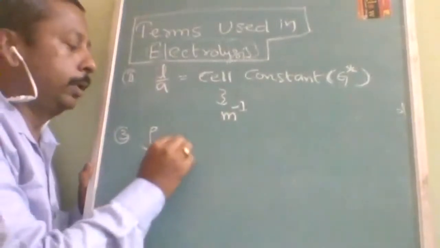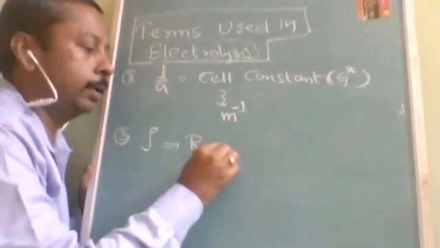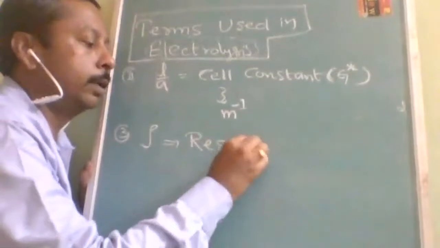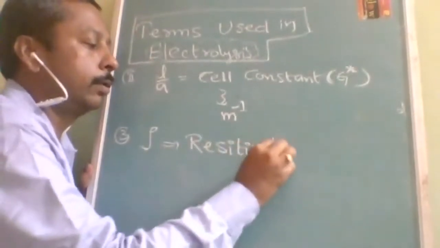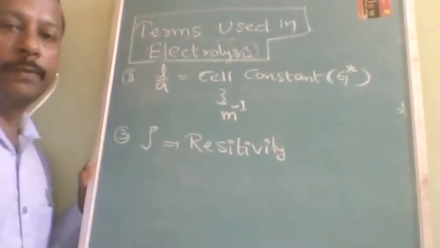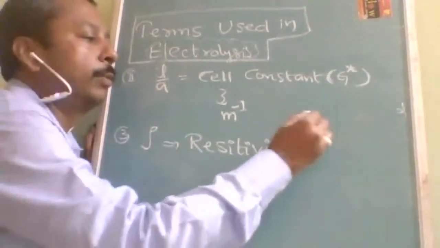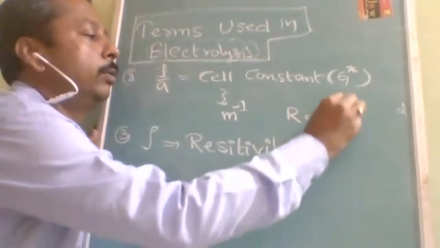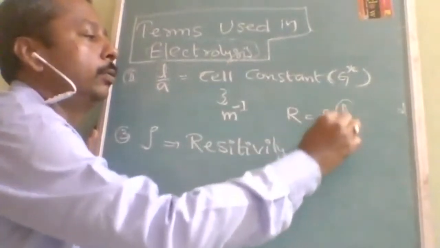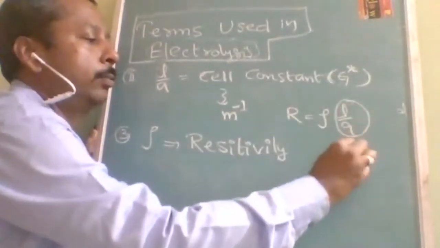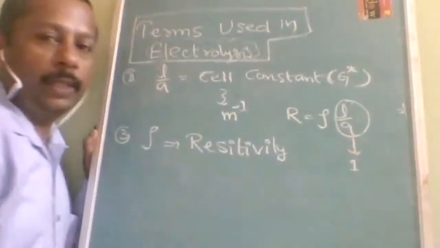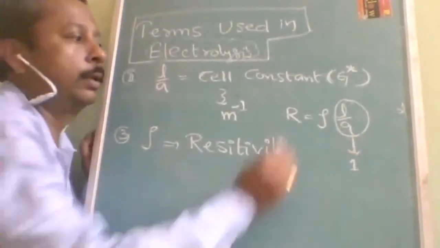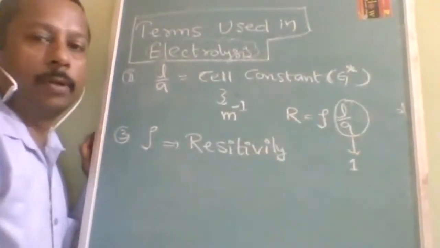Rho is called the resistivity. Resistivity's definition comes from the formula itself. As I told you, R is equal to rho into L by A. So if this total term L by A becomes 1, then resistance becomes equal to rho.